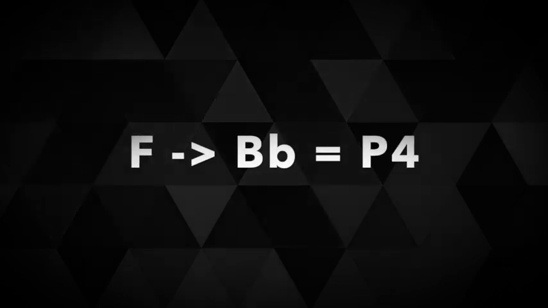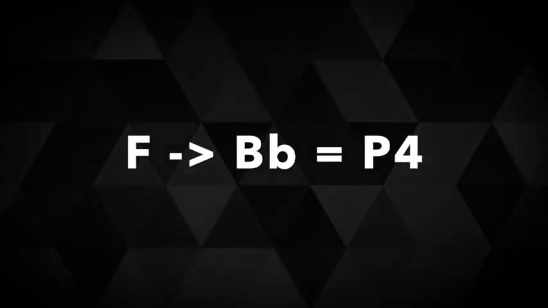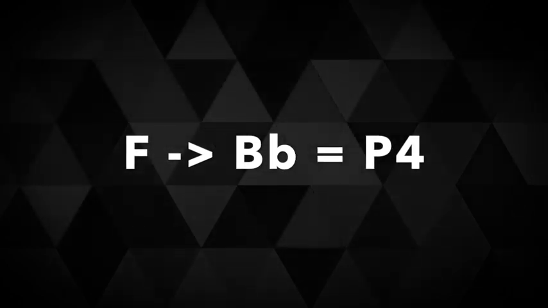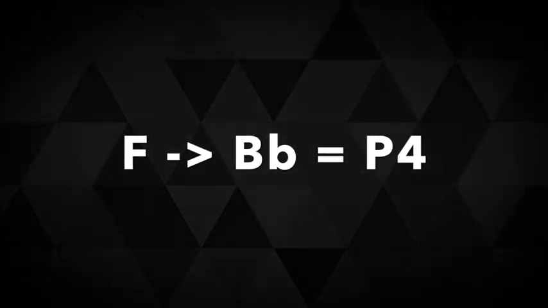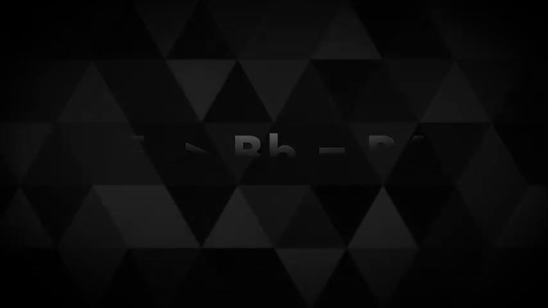Or another example would be from F to B flat. So F, G, A, B flat, that's our fourth, because we have 4 notes to get to the fourth, and it will be perfect because our fourth, fifth, octave, and tonic will always be perfect.